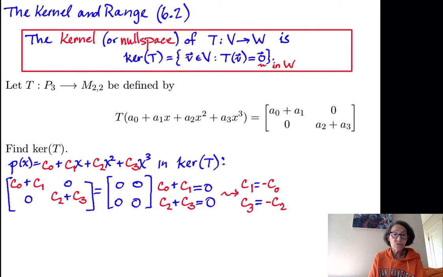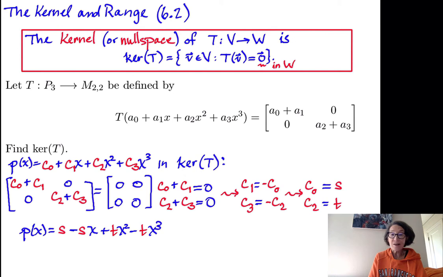So we have two free variables, c0 and c2, so we can let c0 be the parameter s, and c2 be the parameter t, and we can rewrite the polynomial p of x to be s minus s times x plus t times x squared minus t times x to the third.